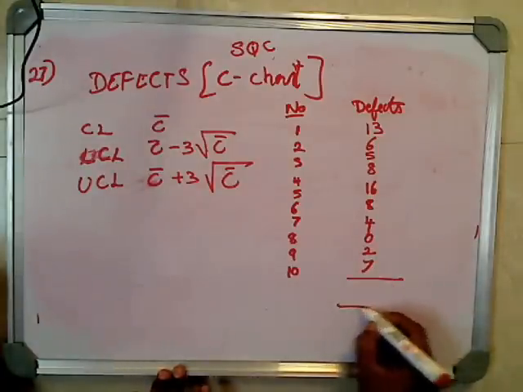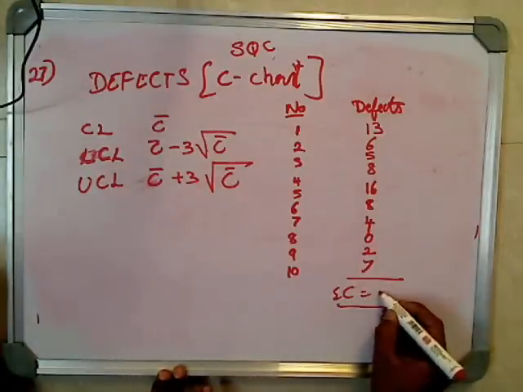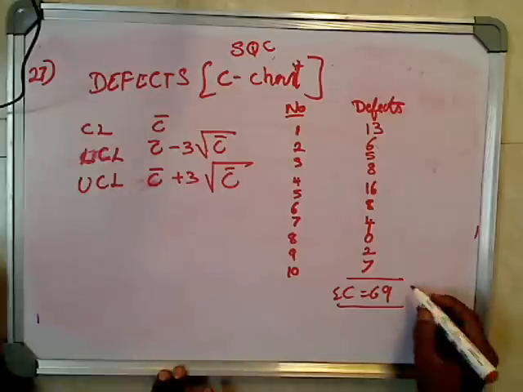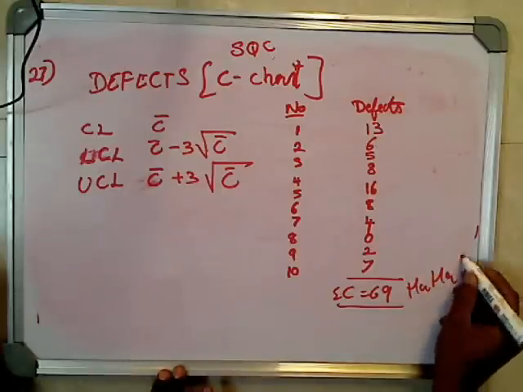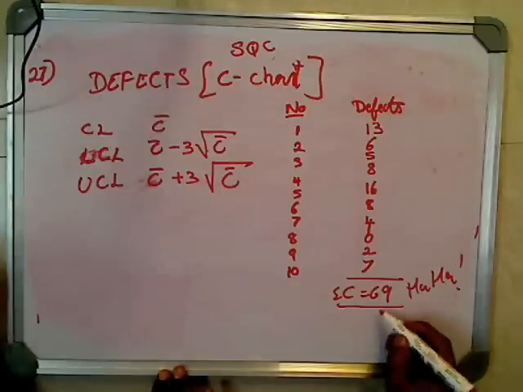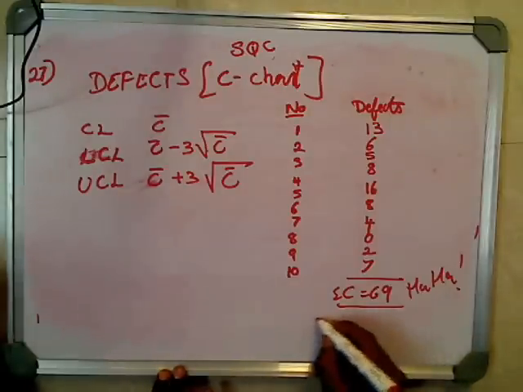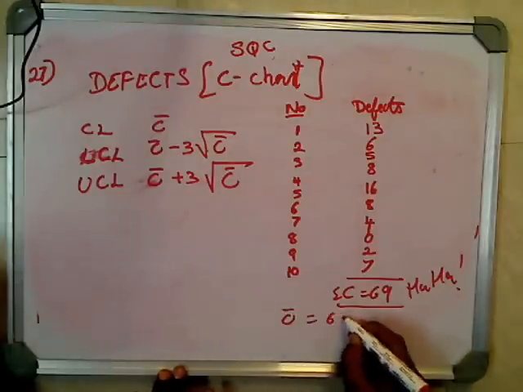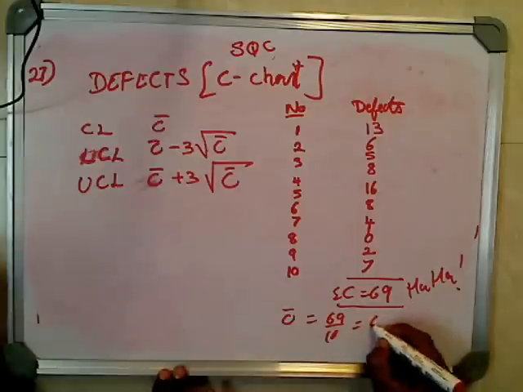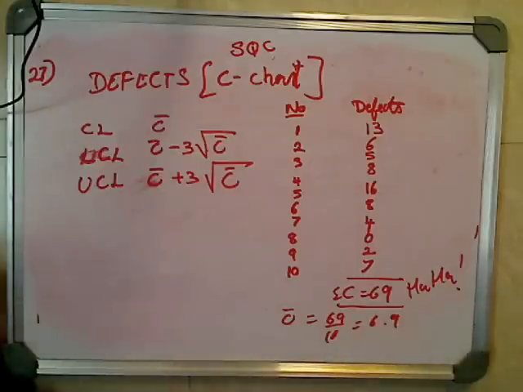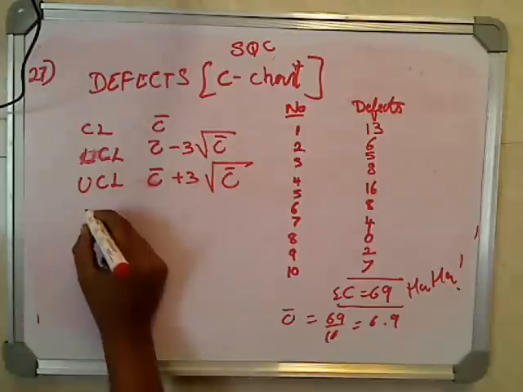So calculate this. Summation C is equal to 69. Haha, 69. And divide 69 by 10, and you have the value for C, which would be 6.9. All I need to do here is, since I've found 6.9, substitute it in the different formulas that you have here, and I have my answer.